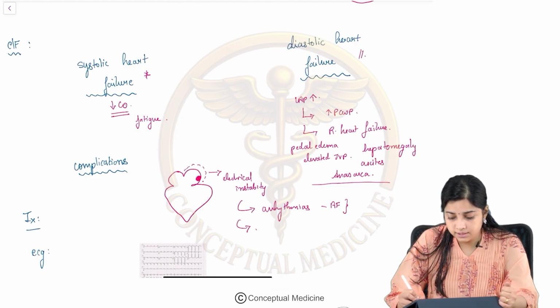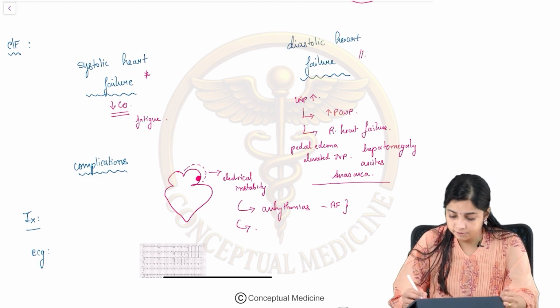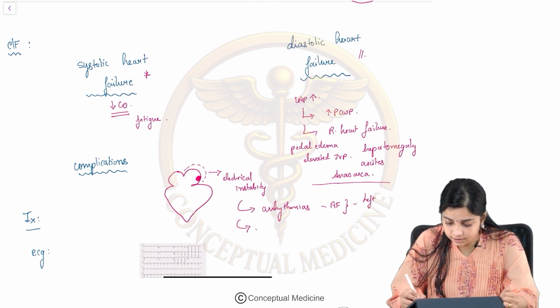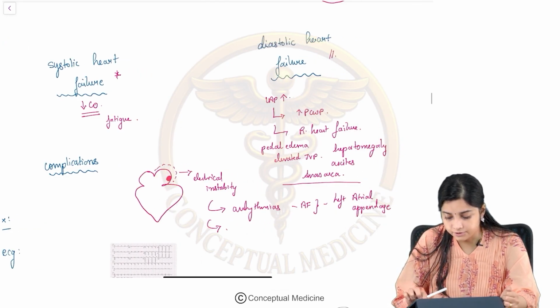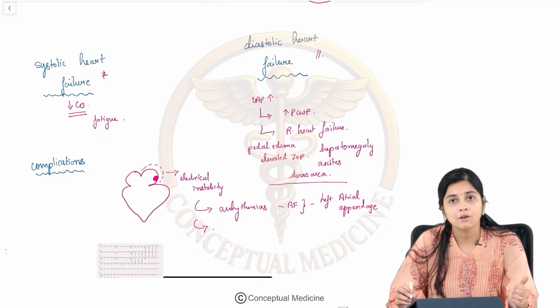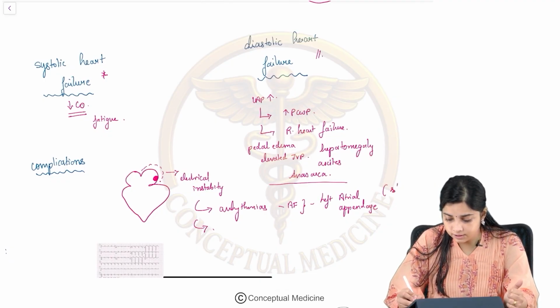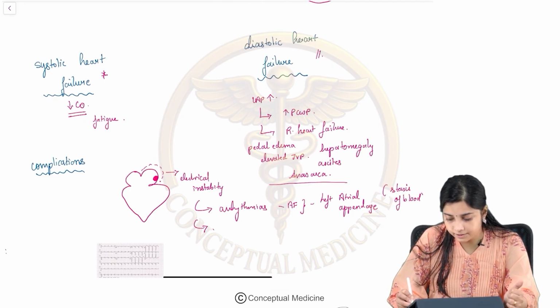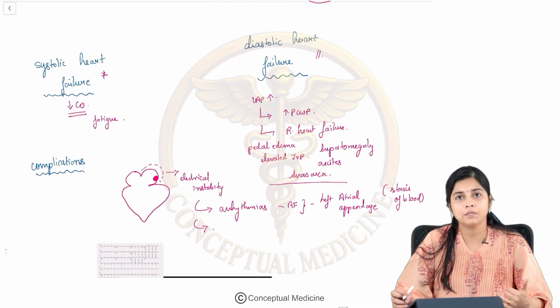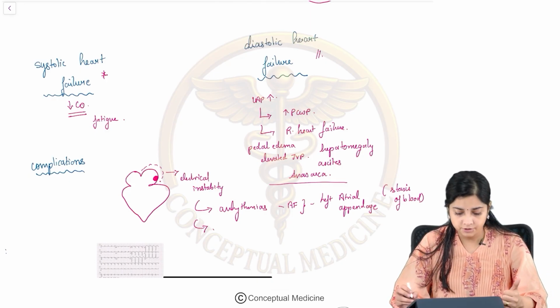What is the most common site of a clot in atrial fibrillation? It is usually the left atrial appendage. Now, why is there a clot? A clot happens mainly because of the stasis of blood, right? So, the heart is not contracting well, and because of the stasis of blood, it predisposes to the formation of clot.